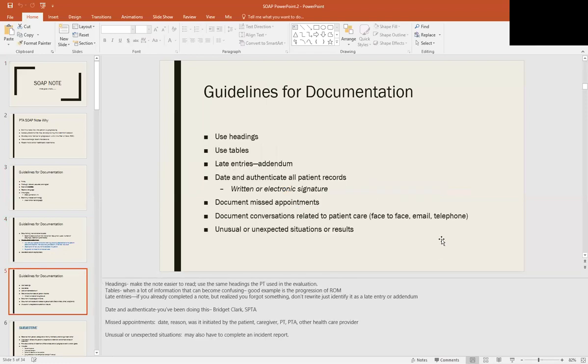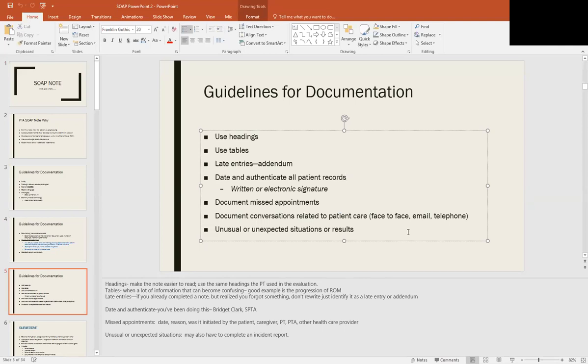Other guidelines are to use headings, and use tables when there's a lot of information. When you do late entries, you'll need an addendum. You need to date and authenticate all patient records. Every note that we'll be doing for our lab practicals and for assignments is going to be written. But if you are on electronic medical records, there is an electronic signature within those programs, so you can't really miss doing that.